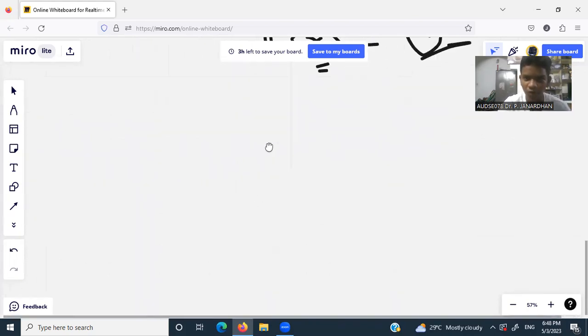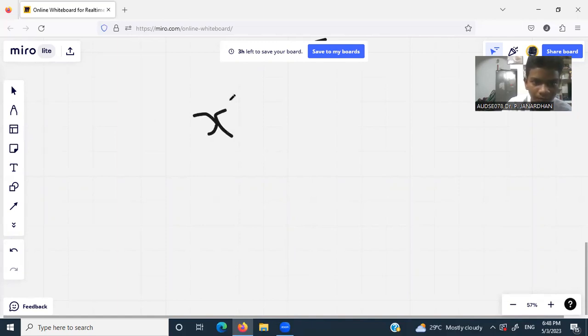Now let's see how we can calculate it mathematically. Let's say you have a function like x square. There is a rule in calculus called the power rule, with this formula.